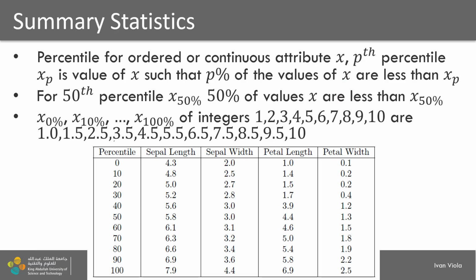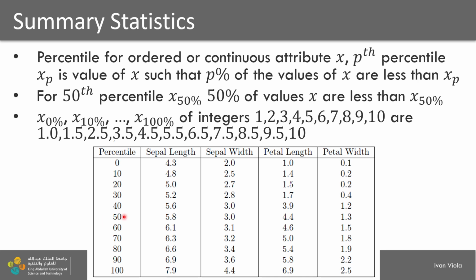This sentence is very hard to understand, but we have a nice example here which will already explain a lot. So for the 50th percentile, x 50%, 50% of the values of x are less than x 50%.